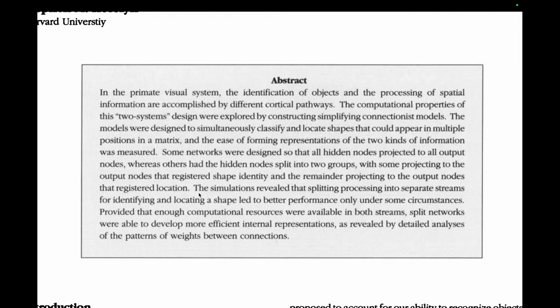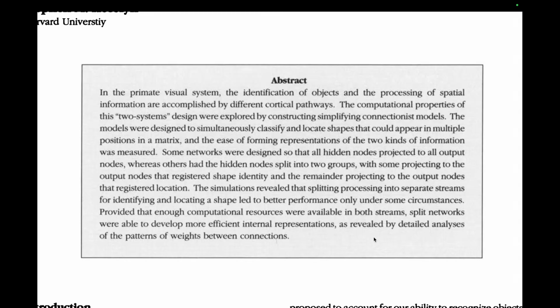So the simulations reveal that splitting processing into separate streams for identifying and locating a shape. So now you have two separate streams. One is locating, one's identifying the shape, led to better performance only under some circumstances, provided enough computational resources were available in both streams.